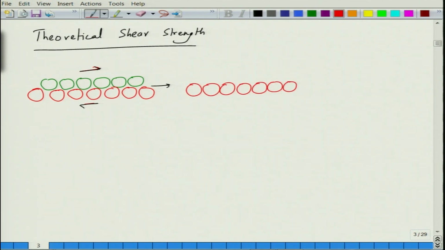So, basically there will be relative movement. So, this is the state, let us say state 1, then you reach state 2 when the green atoms will now sit on top of these red atoms, okay.